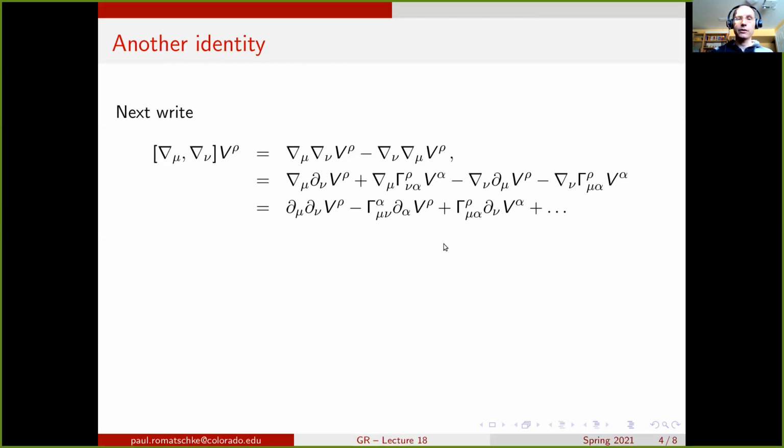However, many of these terms in this expansion actually cancel. One of them you can see as follows. There's this term with two derivatives, mu nu, acting on the vector v rho from this term. And here we have a term with two derivatives, nu mu, acting on v rho, but the partial derivatives themselves commute with respect to each other.